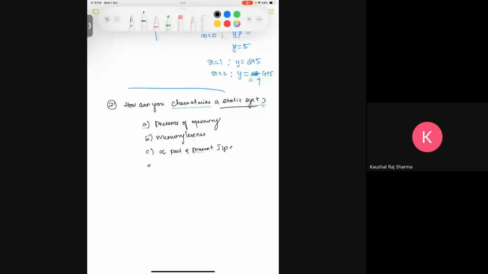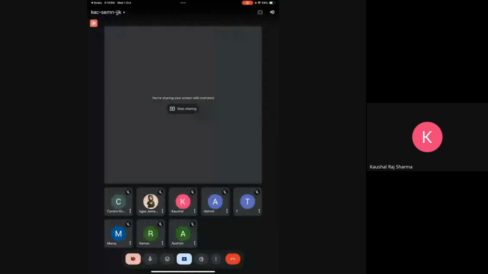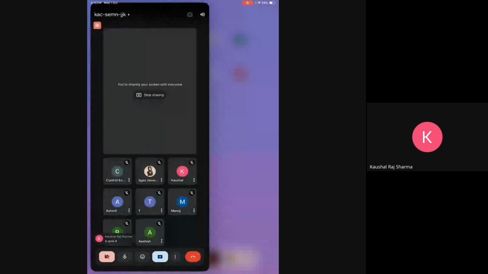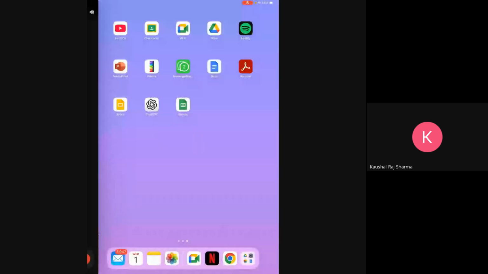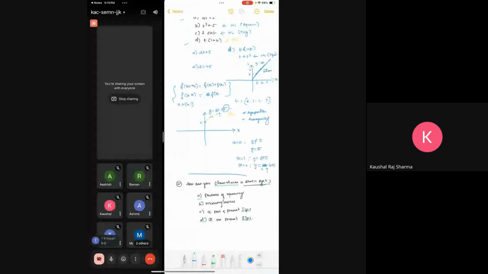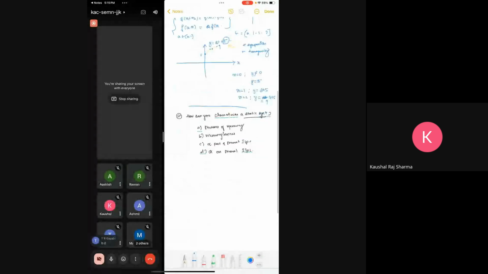D, depends on present inputs. What could be the answer for this? B and D, right? Right. Memorylessness and present inputs, you're saying, since it is a static system.